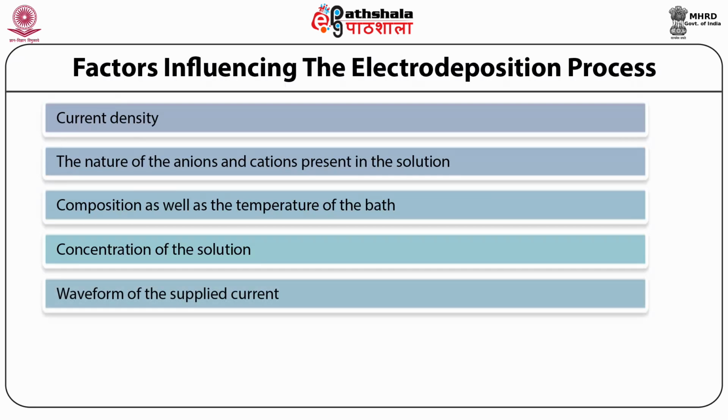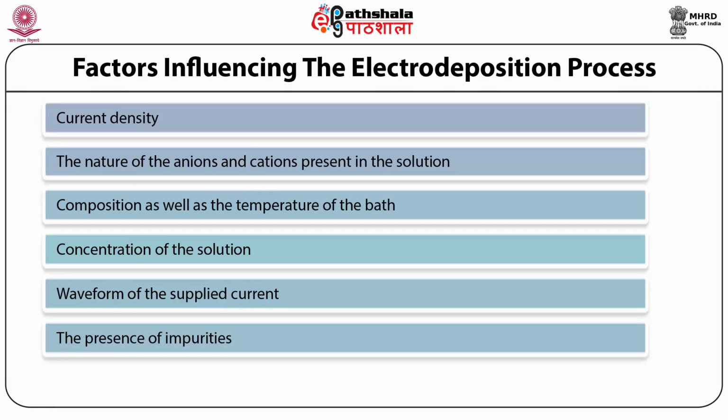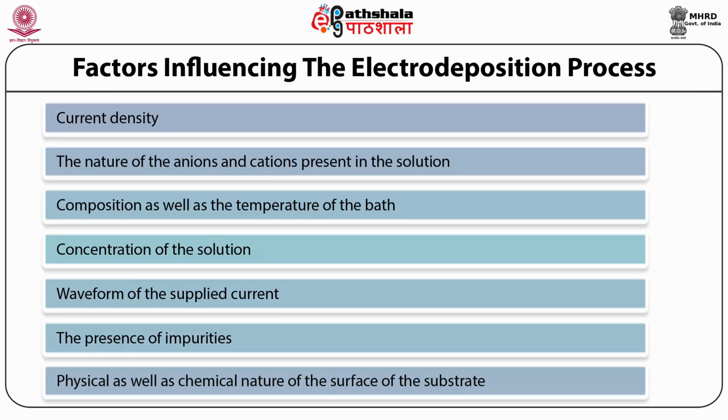Then the waveform of the supplied current. Also, the presence of impurities strongly influences the electrodeposition process. Physical as well as chemical nature of the surface of the substrate is a major factor which influences the electrodeposition process.